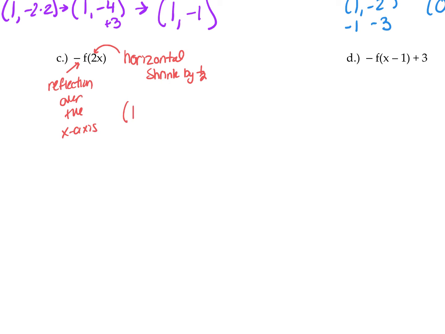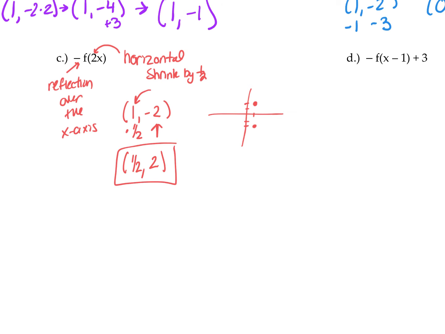So if my point is (1, -2), horizontally I'm shrinking this by a half, meaning I'm multiplying it by a half. I'm also reflecting it over the x-axis. So if I think about where my point is, it'd be at (1, -2). If I'm reflecting it over, it's going to end up at (1, positive 2). So we're reflecting that negative, so it ended up at (1/2, positive 2).